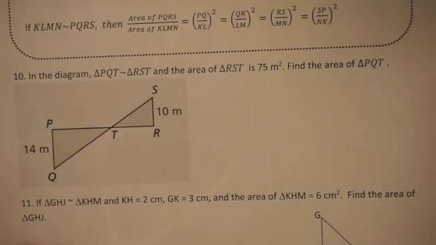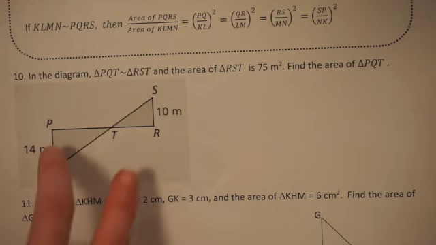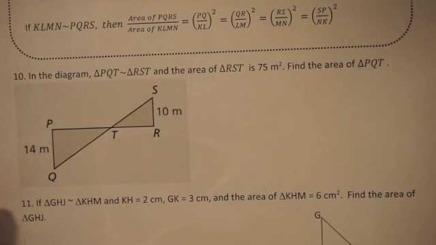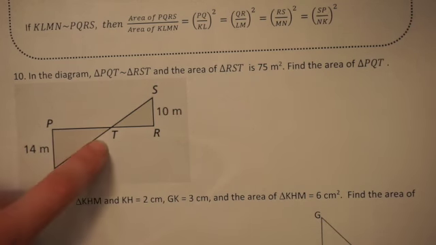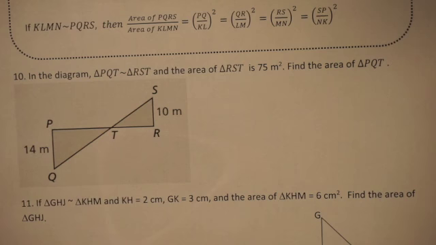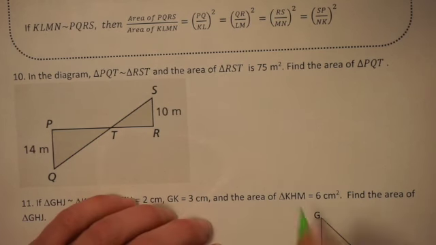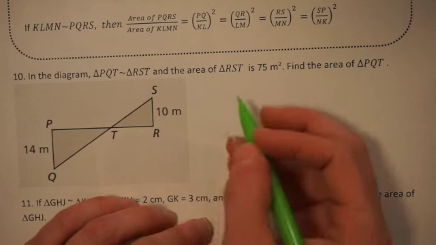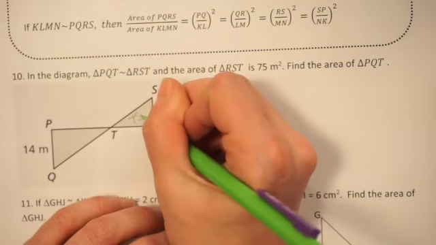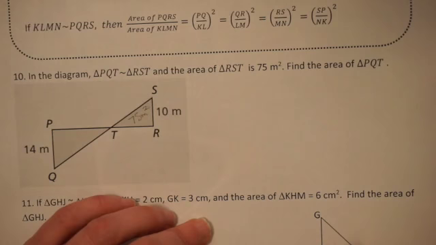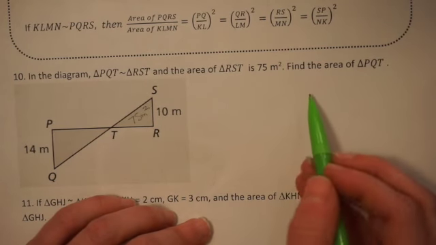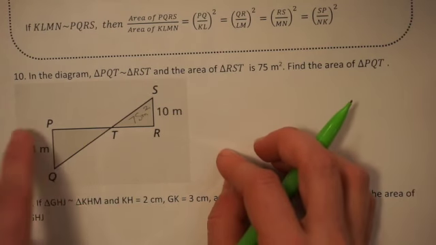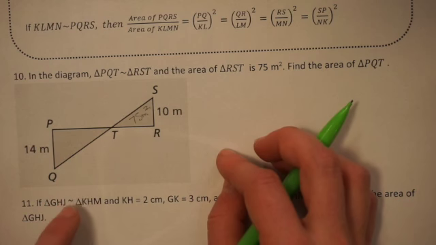So let's look at number 10. They let us know that our two triangles right here, PQT, is similar to RST, right? And the area we know for sure for RST is 75 meters squared. So they want us to find the area for PQT.